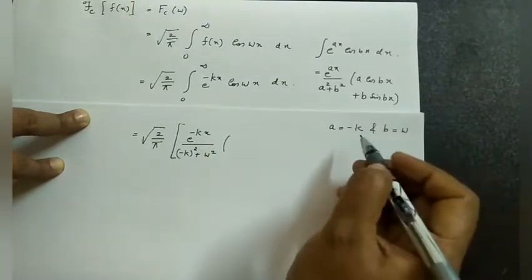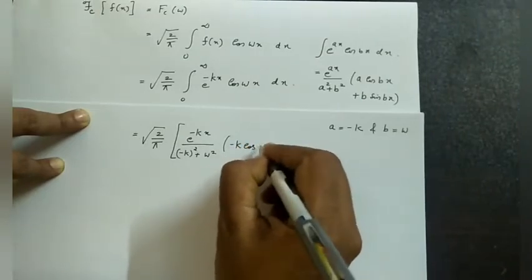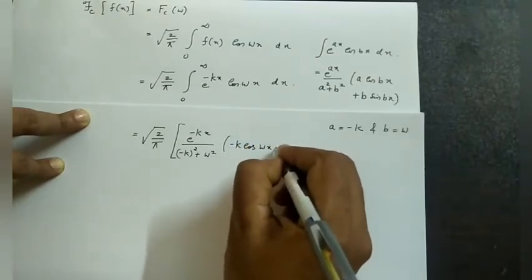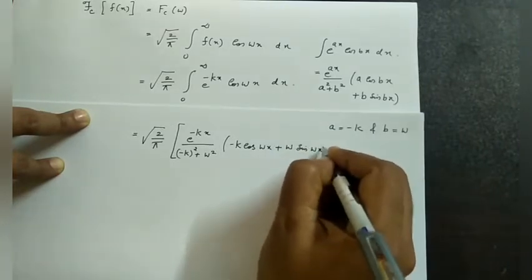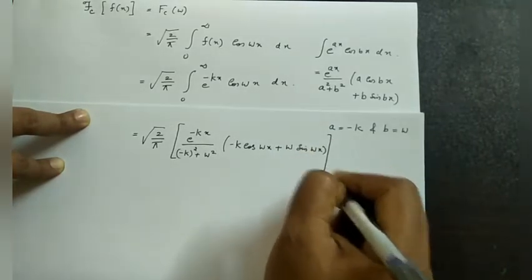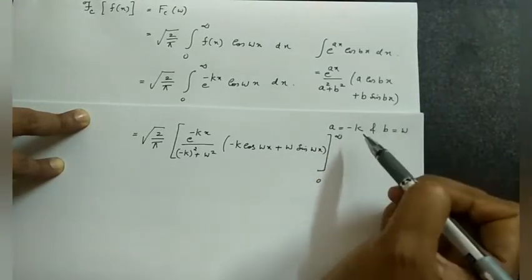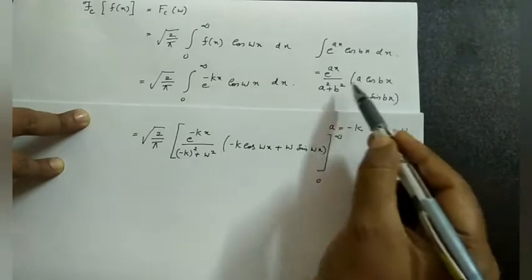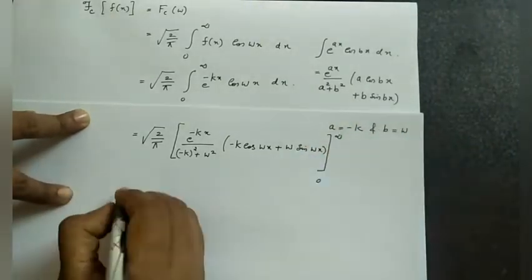Now a cos bx, that is minus k cos omega x plus b, that is plus omega sin omega x. Now the limit from 0 to infinity. Here we only substitute a equal to minus k and b equal to omega in this formula.